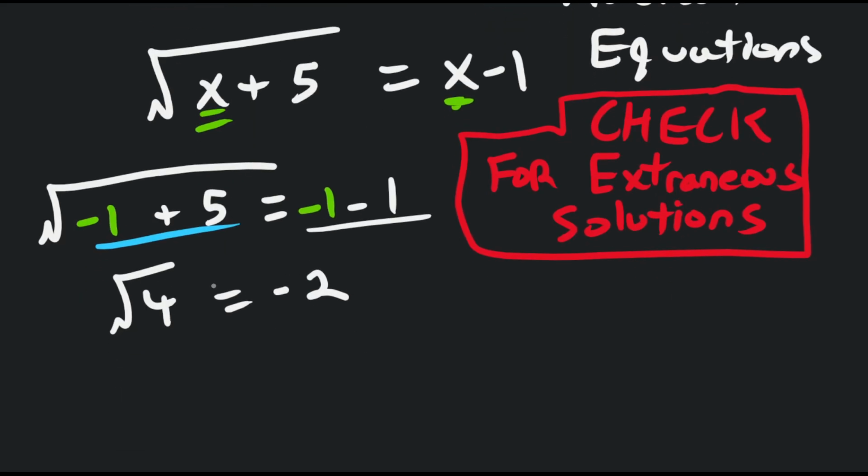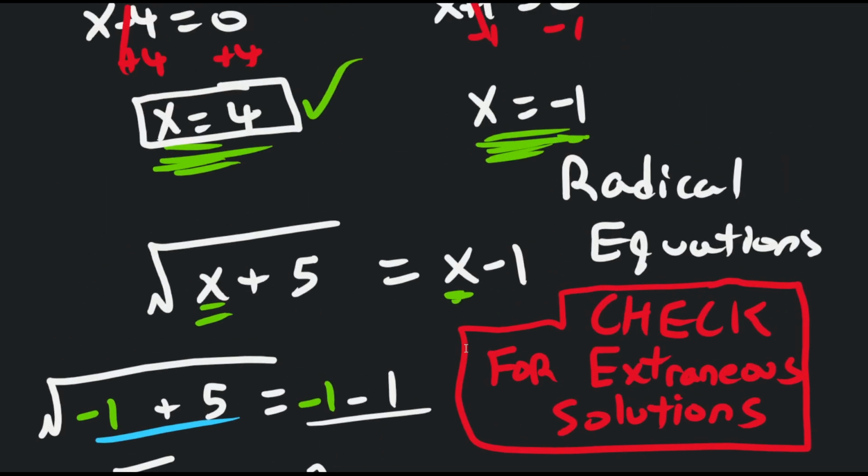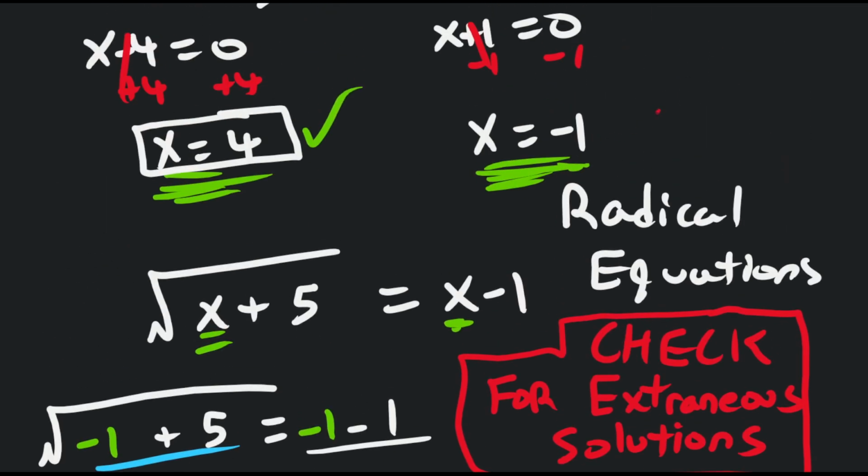Okay, so what does radical 4 evaluate to? Radical 4 is +2, equals -2. And check this out. We have 2 equals -2, which is not correct. 2 does not equal -2. In fact, quite the opposite. Therefore, what we plugged in for x, this -1 right here, is an extraneous solution.